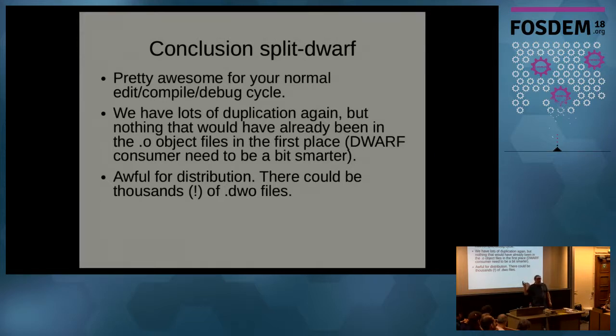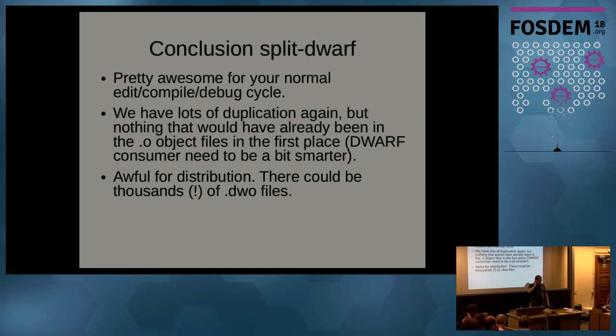We do have lots of duplication again, even for the strings now, but those were already in the .o files. So DWARF consumers need to be a bit smarter. They have to do some of the deduplication that the linker would do.